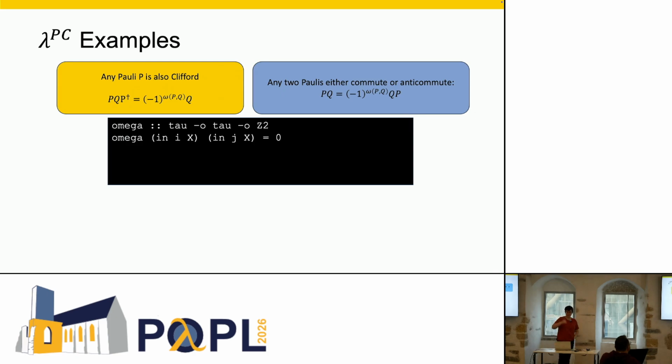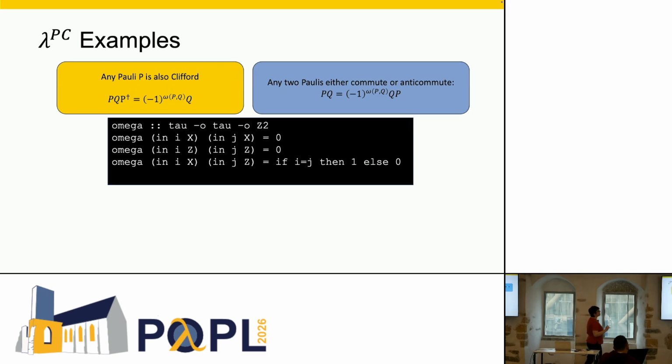Well, xi and xj are always going to commute with each other because x commutes with x. So the result should be 0. The same is true for z. Z always commutes with z. For xi, zj, if i is equal to j, then they anti-commute. Otherwise, they commute. And similarly for zi, xj. Okay. So that's the definition of omega.